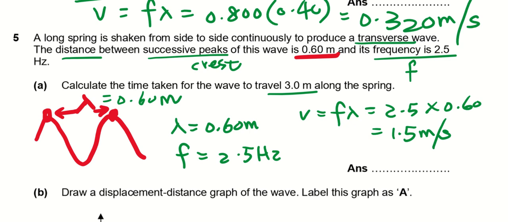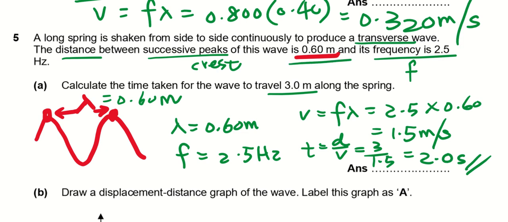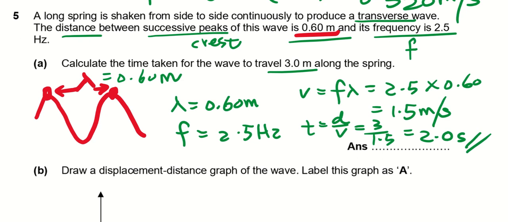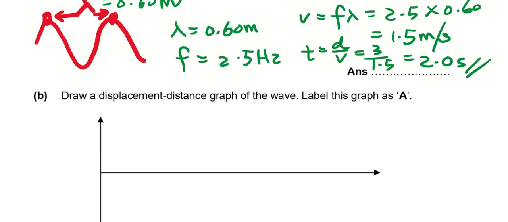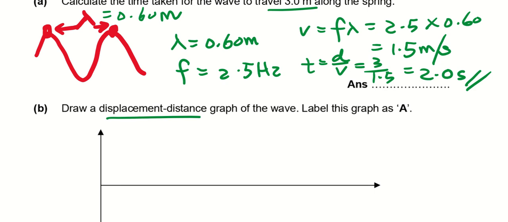If the wave speed is 1.5 meter per second, using time equals distance over speed, it will be 3 over 1.5 equals 2 seconds. Basically you need to annotate and understand what all these numbers that were given represent. Now they want us to draw a DD graph for this wave and label this as A.